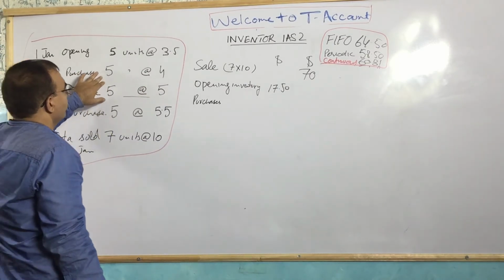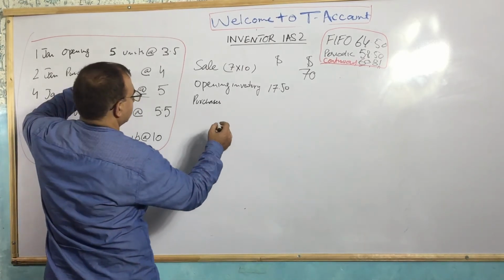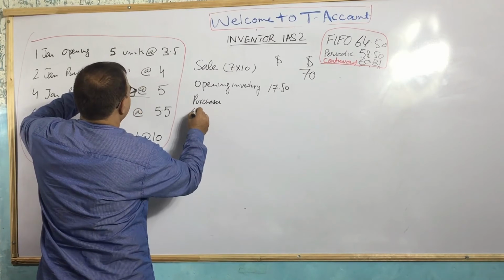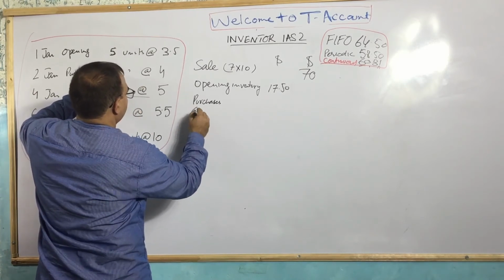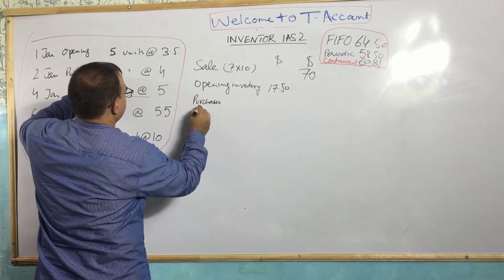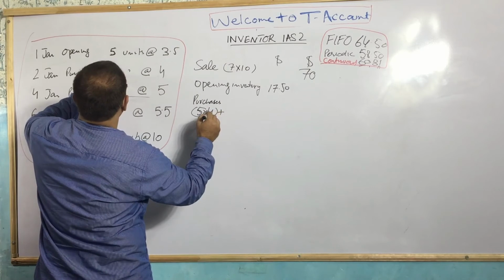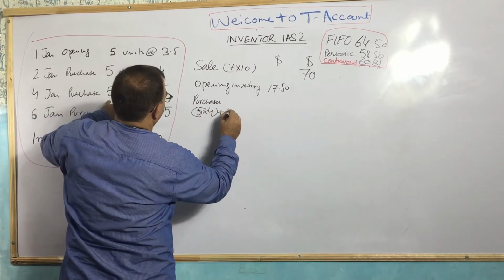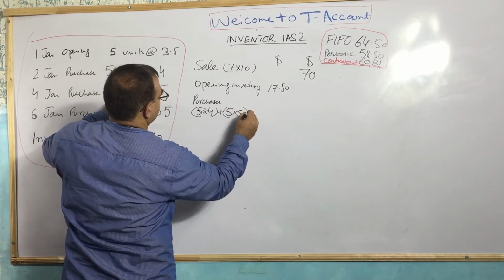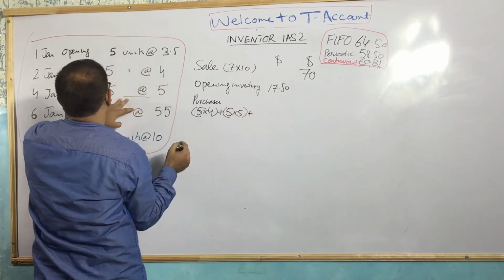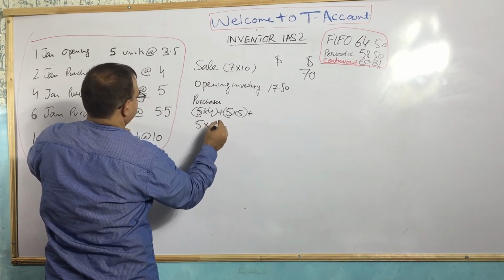How will we calculate this? 5 into 4 plus 5 into 5 plus 5 into 5.5.